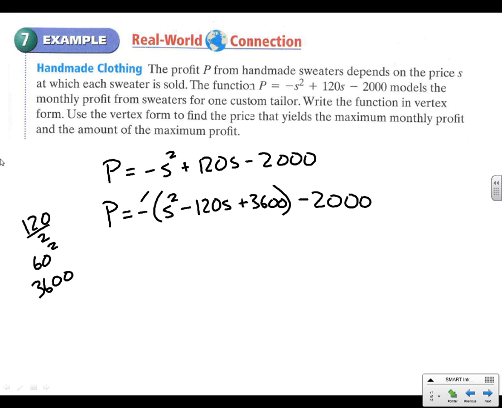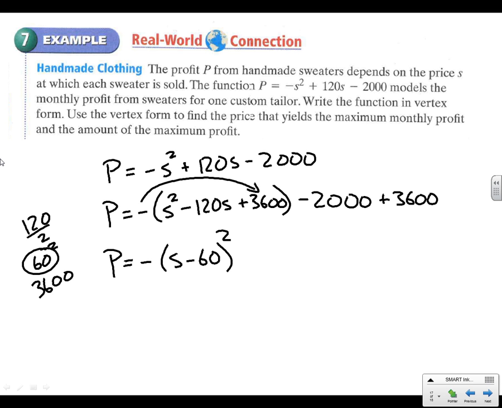But remember, this negative is distributing in, so we're really subtracting 3,600. So to counter that out, we need to add 3,600. All right, so let's clean this up. P equals negative (s minus 60) squared, plus 3,600 minus 2,000, which is going to be 1,600. All right, so we've got the function in vertex form.